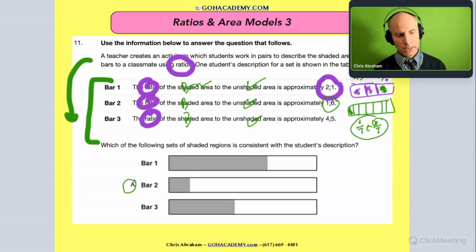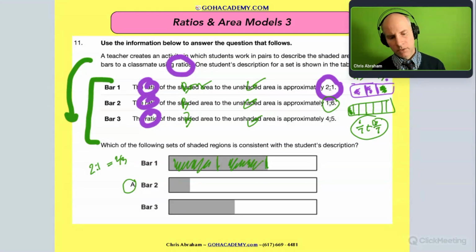This first one is reading 2 to 1. Or another way we can think about it is like 2 boys for every 3 girls, right? And if you look at it, that's pretty accurate, right? There's roughly 2 out of 3 that's shaded, right? The next one is 1 to 6. We could think of this as 1 for every 7 students.